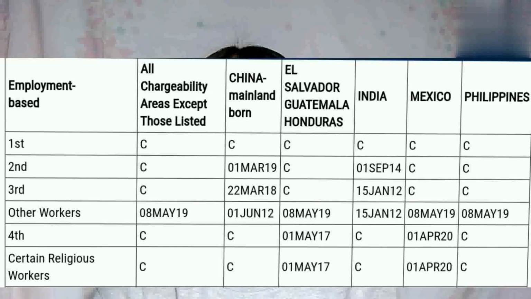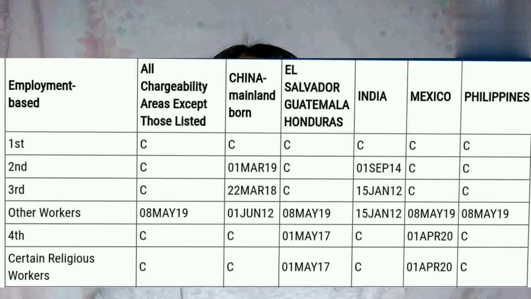Third preference for employment-based. All chargeability areas except those listed, current. China mainland-born is March 22, 2018. El Salvador, Guatemala, and Honduras are current. India is January 15, 2012. And Mexico is current. Philippines is current. Other workers for employment-based.